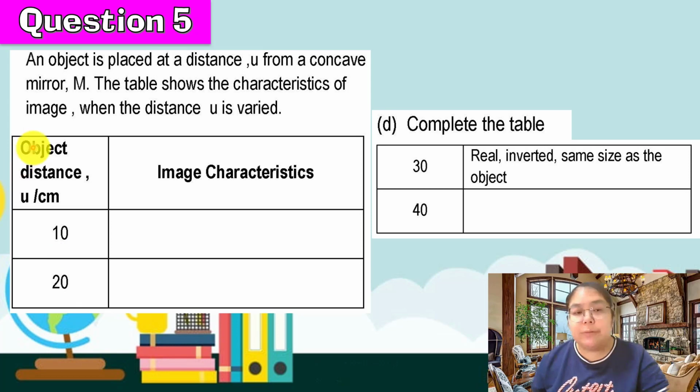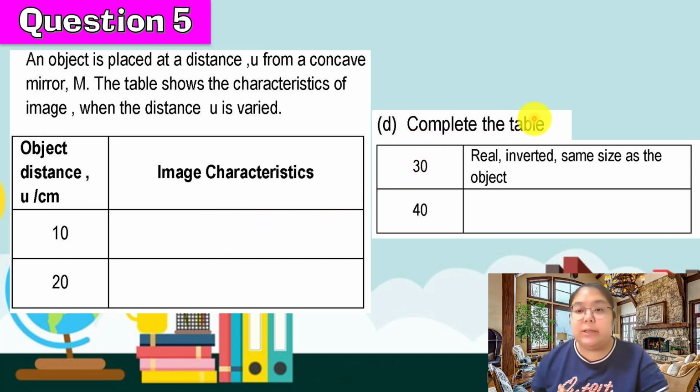Okay, question number 5. An object is placed at a distance U from the concave mirror. A concave mirror has many types of images. Now the table shows the characteristics of the image. When the distance U is variable, you make the object distance variable, and you need to find out the characteristic of the image.